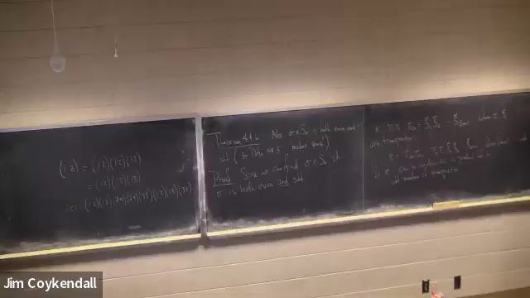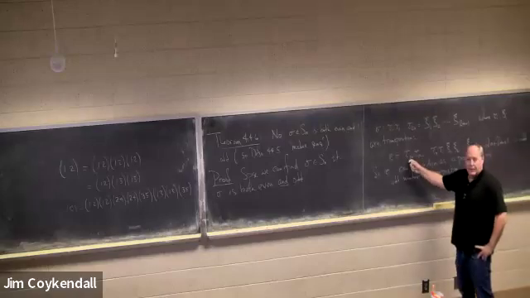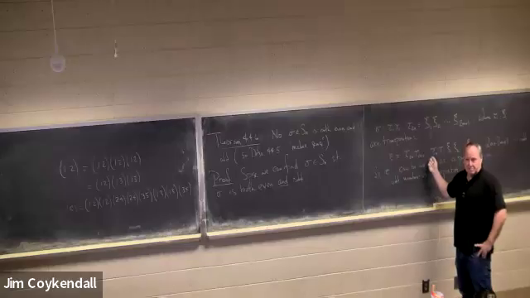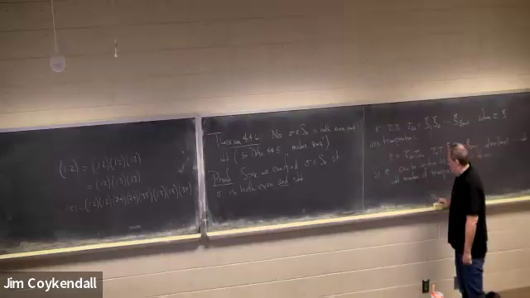Everybody okay with that? So if there is a permutation out there that's both even and odd, from this it follows the identity can be written as an odd number of transpositions. Everybody agree?